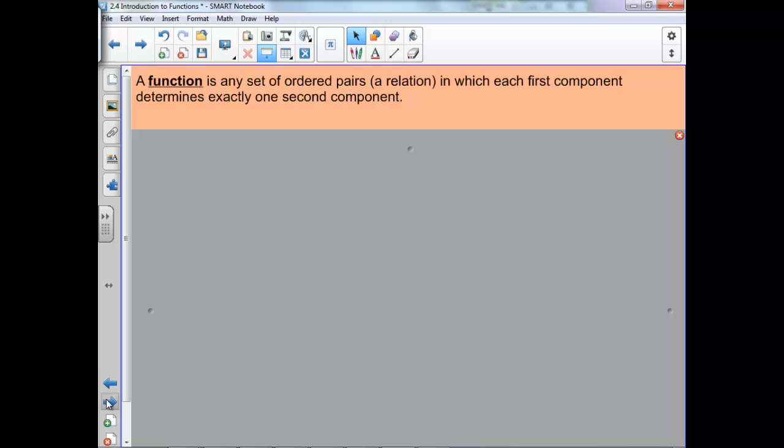Now, a function is any set of ordered pairs or a relation in which the first component determines exactly one second component. So what this means is each x value can only go to one y value.